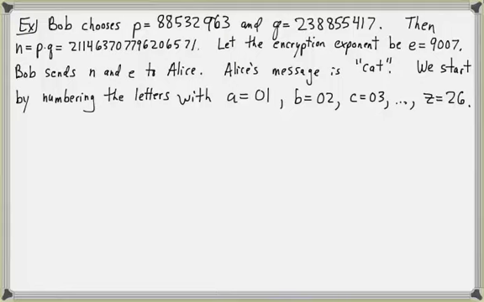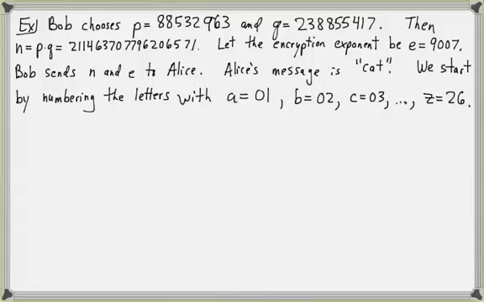Okay, so we don't want to start with A as 00 because if a message began with A, which is 00, when Bob goes to decrypt the message, it'll begin with 00 as well, and so the A would just disappear when he decrypts the message. So we're going to start with our numbering like this: A is 1, B is 2, C is 3, all the way up to Z, which is 26.